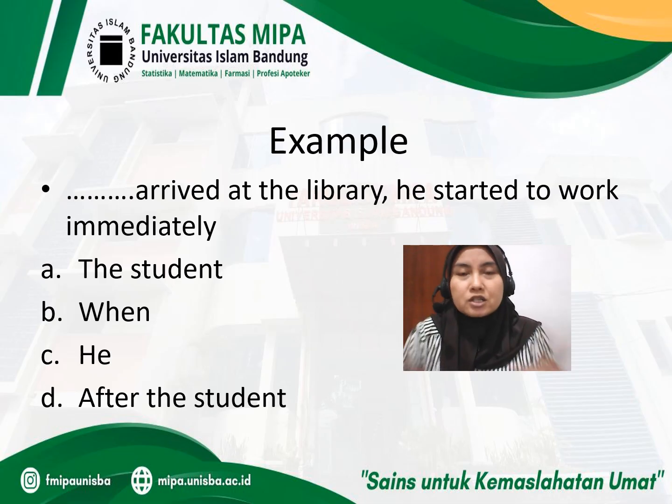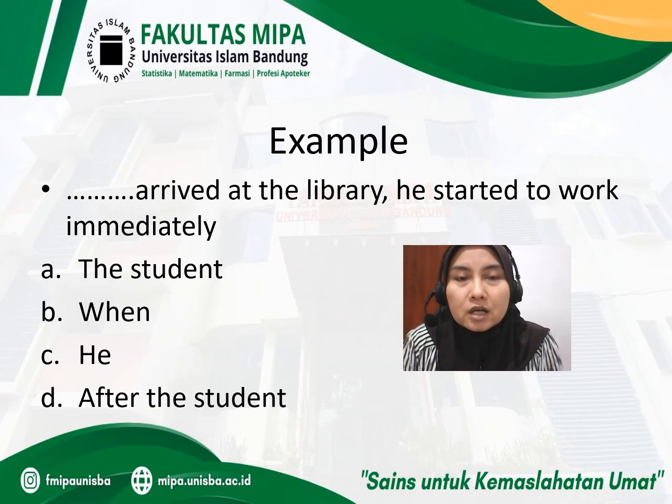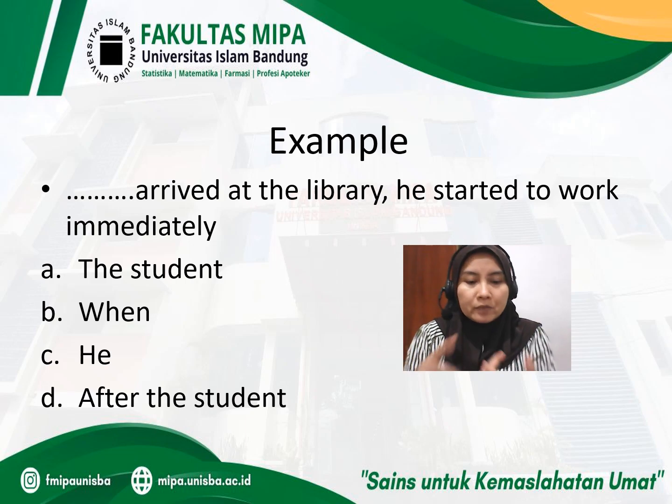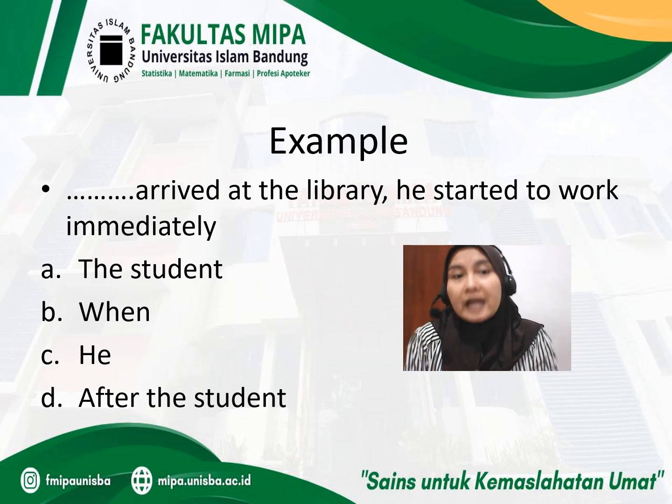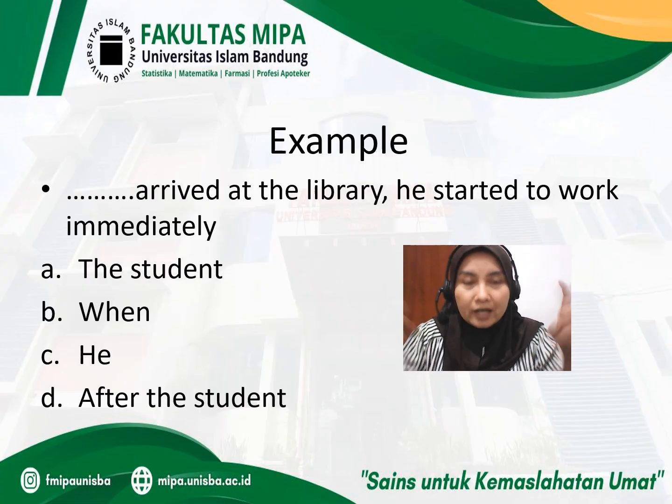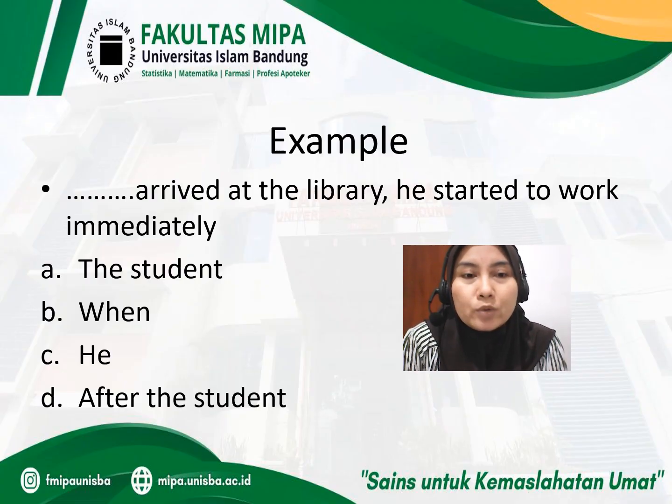Because these are two complete clauses, we have to combine both with a conjunction. So in the answer choices, we need to find first a conjunction, and second a subject for the word arrive.